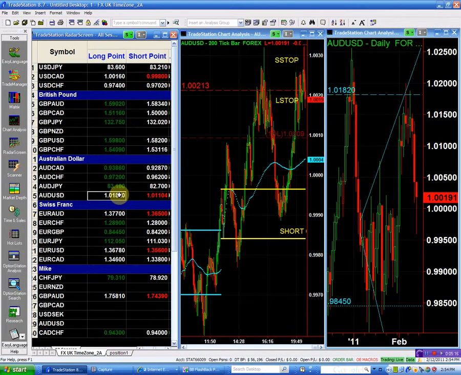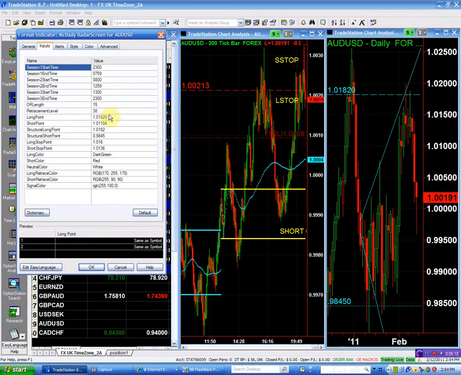So for the dollar Swiss, we are going to be buying it above 100.65, and if we do, we're going to place our stop below 100.19.